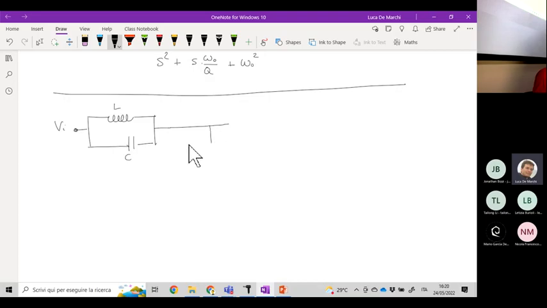Then we have a second branch with the resistance, but also an additional capacitance and an additional inductance. We call these L1, C1, this is R, this is C2, and this is L2. And this is the output voltage.